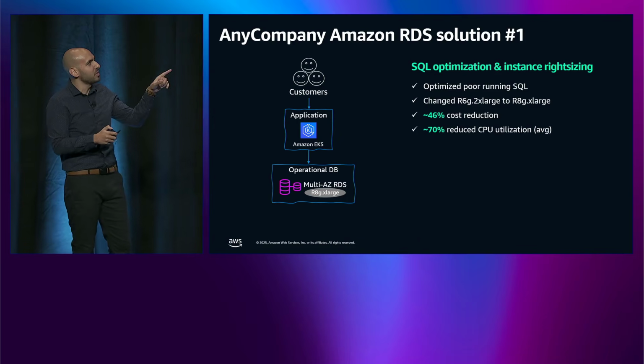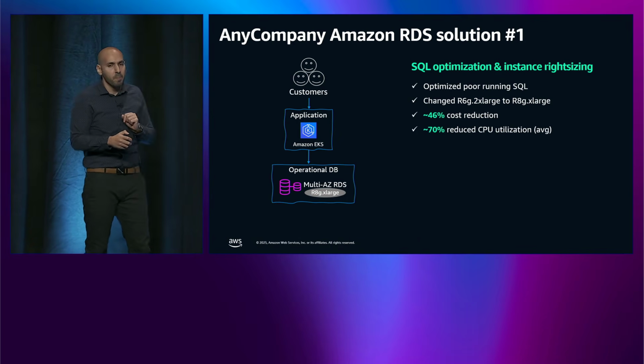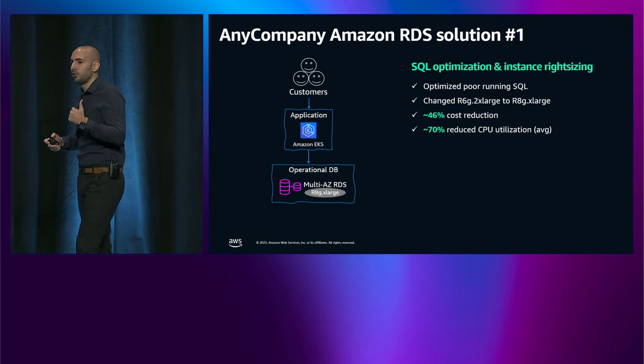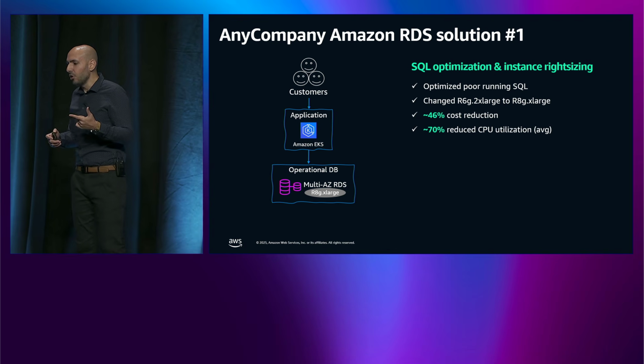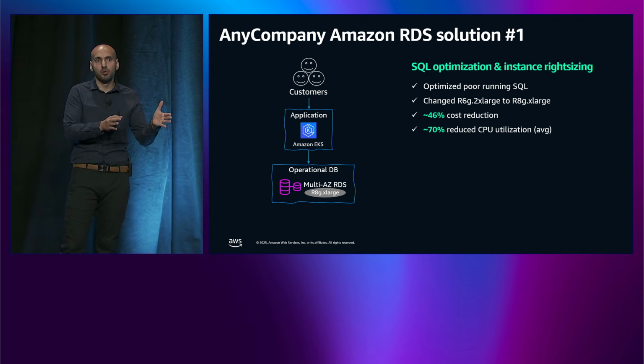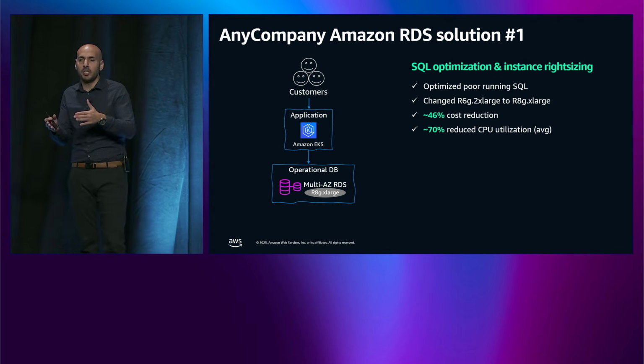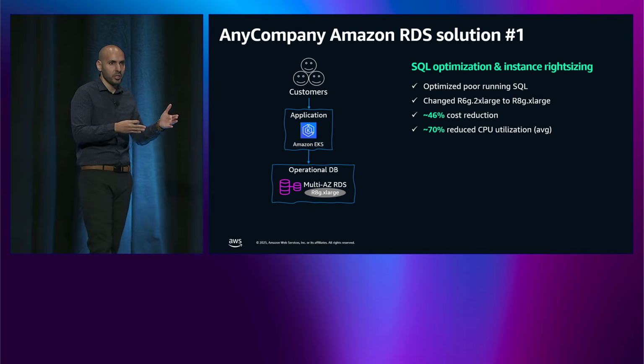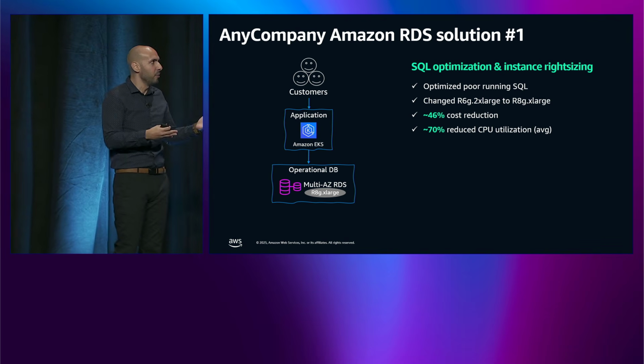You may also notice something interesting here as well. I moved from R6G to R8G. So R6G is based on Graviton 2 generation, and R8G is based on Graviton 4 generation, which provides improved price performance.